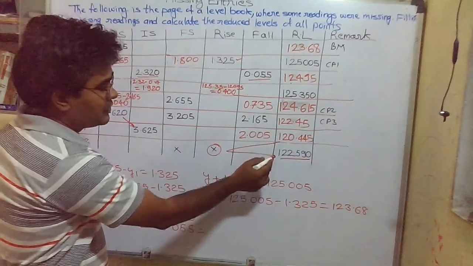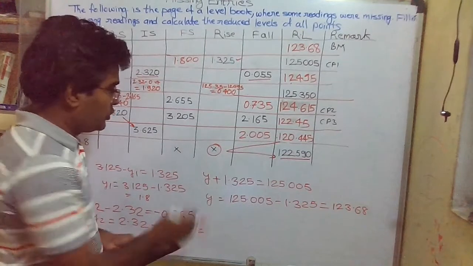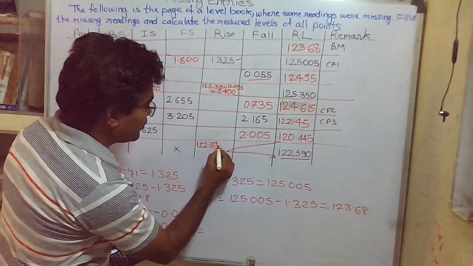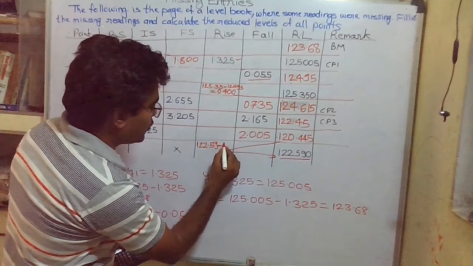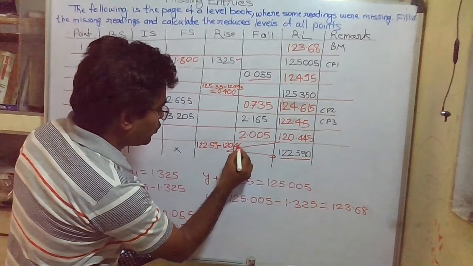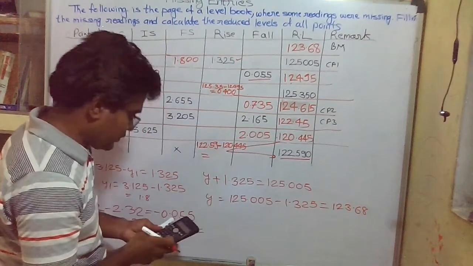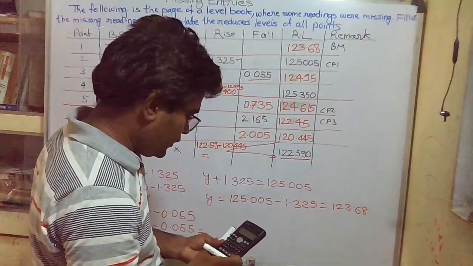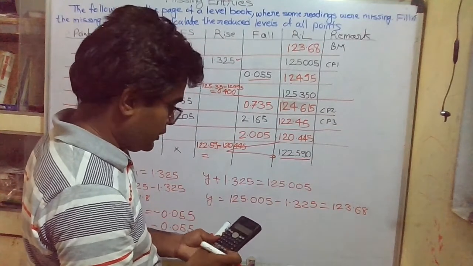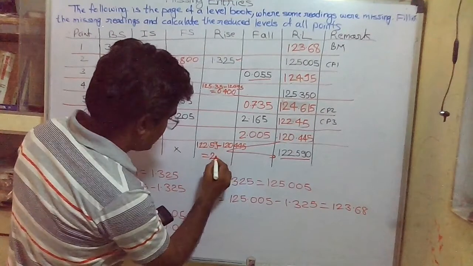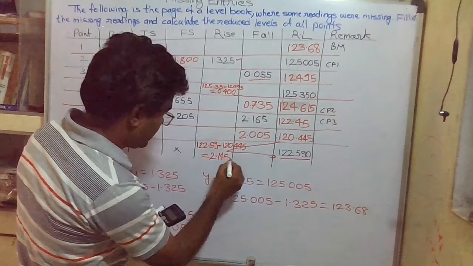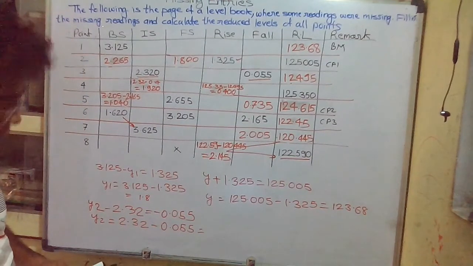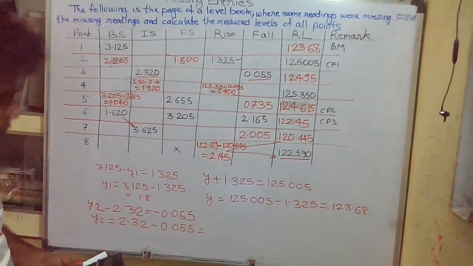So we just take the difference of these two values: 122.59 minus 120.445. The value we are getting is 2.145.